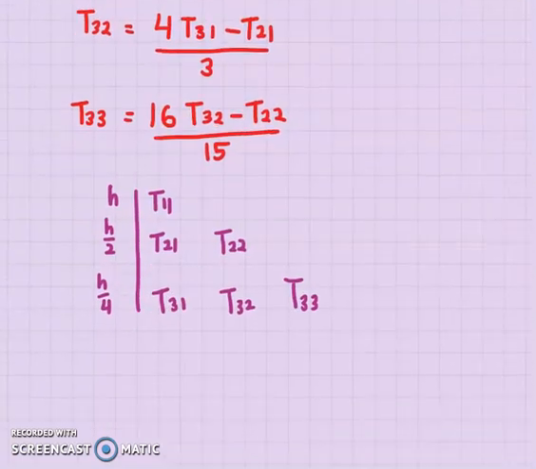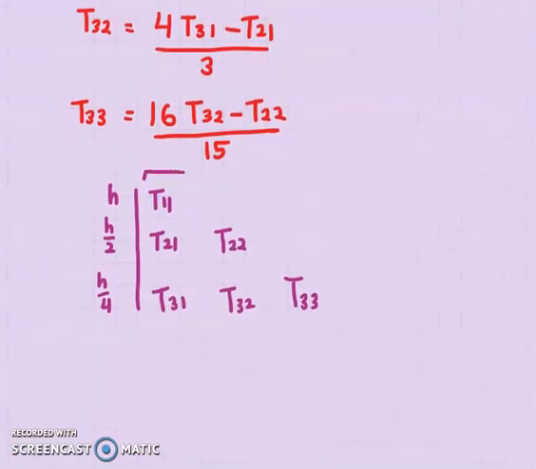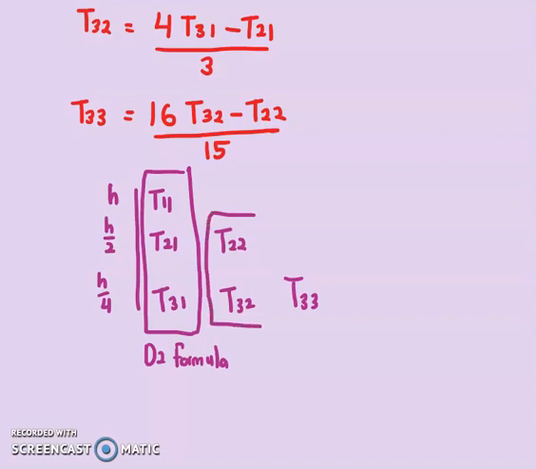D2 starts with this first column here, by using the D2 formula, and then you will use p equals 2.